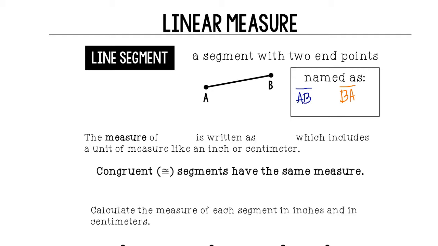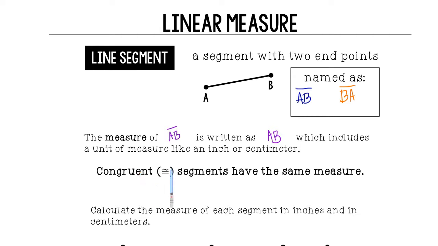The measure of line AB is written as AB, which includes a unit of measure like an inch or a centimeter. As we use the measure of an angle, we'll put an M in front of it to signify the measure. For a line, we just write the letters that tell us what line we're talking about without the bar over the top.